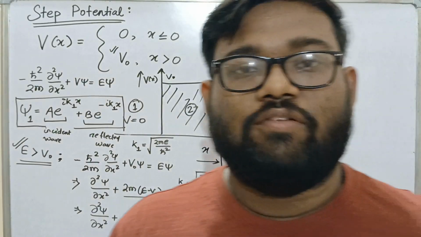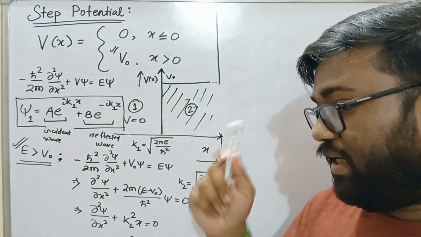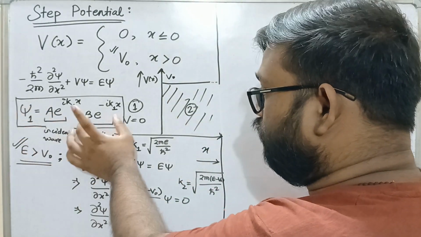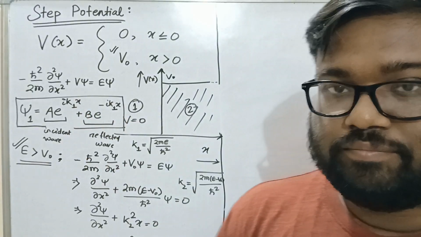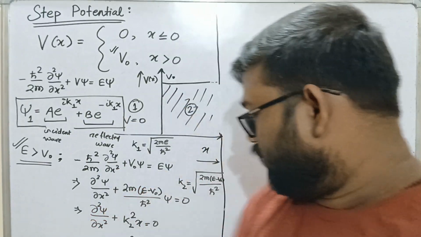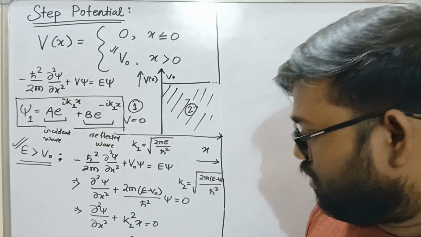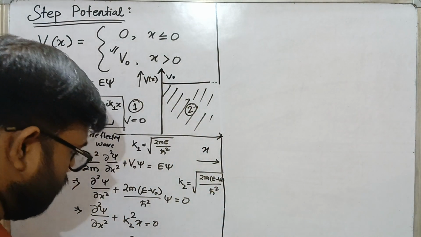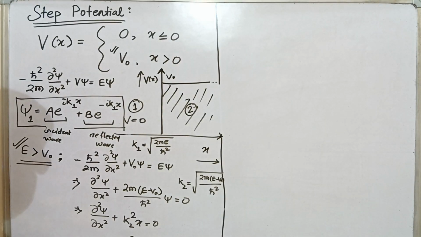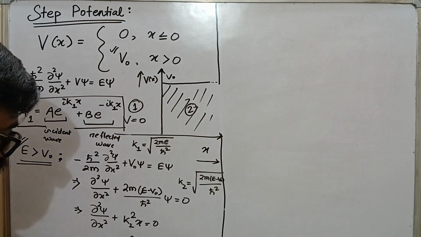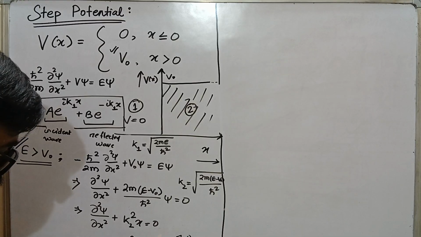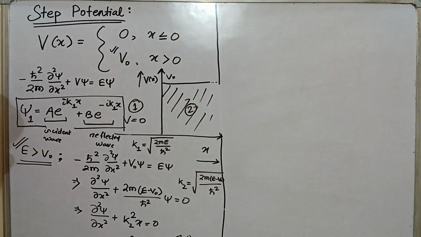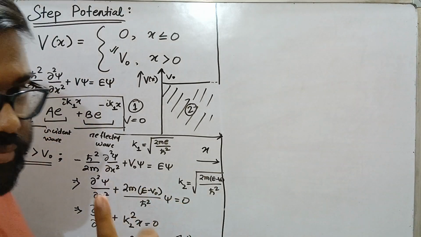Will we need a wave function in the negative direction? Because we already found our incident wave, we already found our reflected wave. Yes, so this is now unnecessary. After finding the solution, we can always assume D to be 0. So if we assume D to be 0, this waveform goes to 0. So now psi 2 is only C e to the power i k2x.